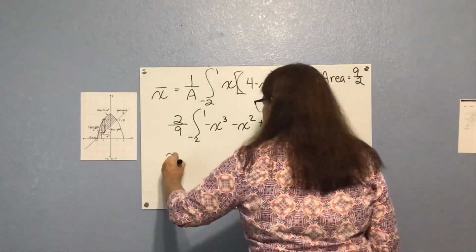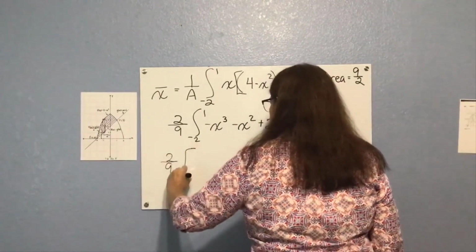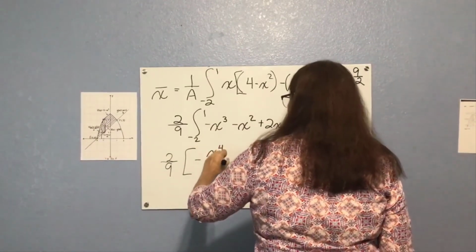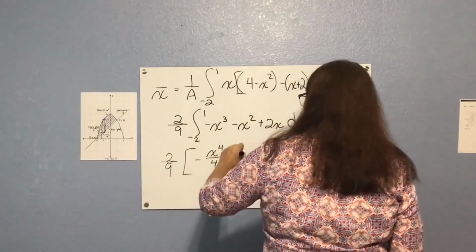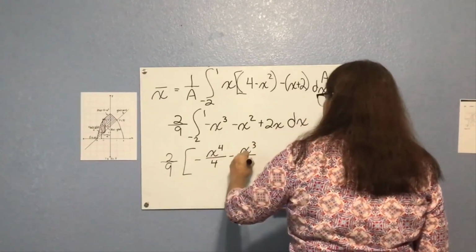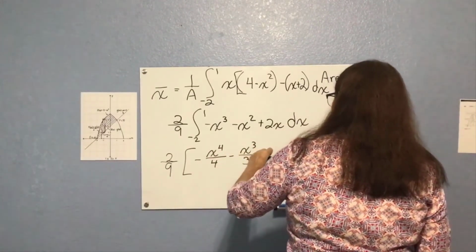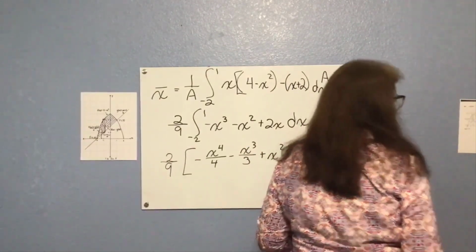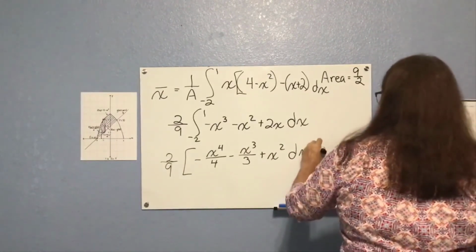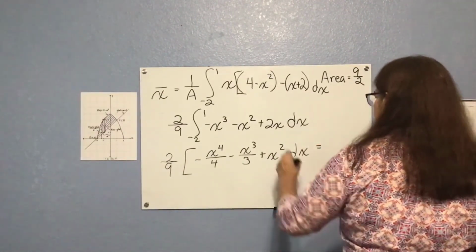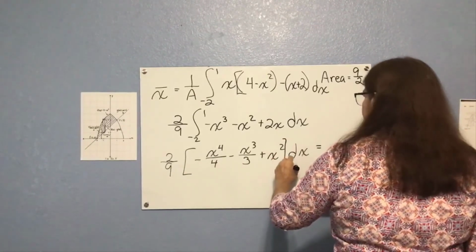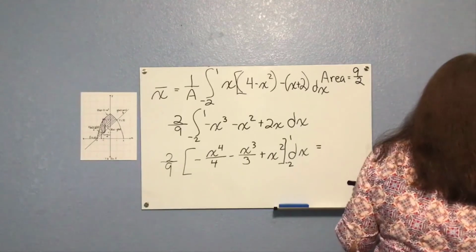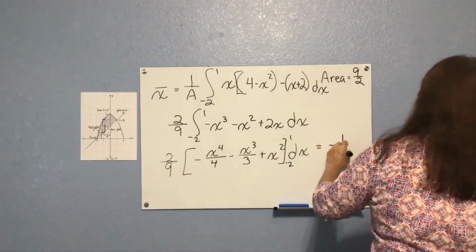And when I integrate, I have negative x to the 4th over 4 minus x cubed over 3 plus x squared. Okay, when I substitute in on this one, it's evaluated from negative 2 to 1, and my result is negative 1/2.